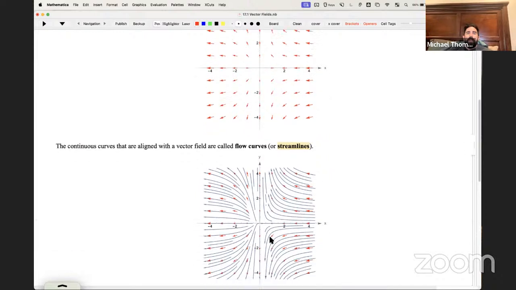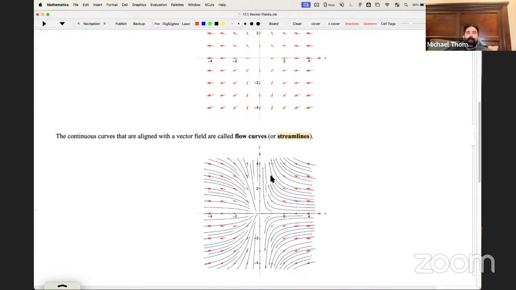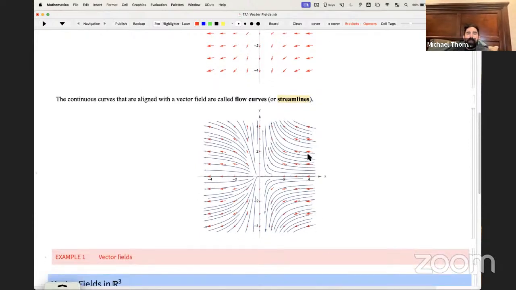All right. So if you look down here, I'm kind of following the arrows. So this is what we'd call the flow curves of the vector field, also called streamlines. Okay, it gives you a nice kind of visual of what's happening. You can see the arrows on the streamlines as well. It's indicating the direction of movement.